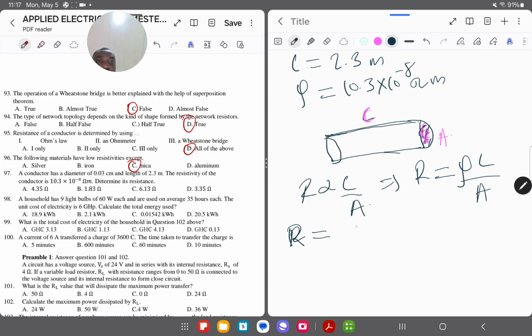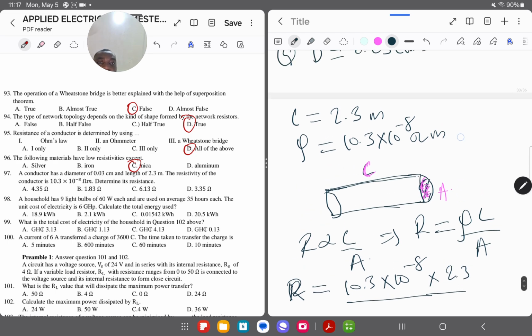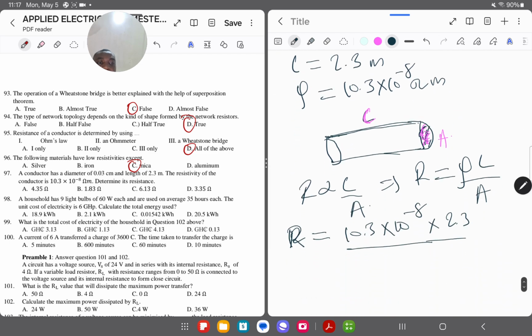I have resistivity 10.3 times 10 to the power minus 8, times the length, which is 2.3 meters, over the area.